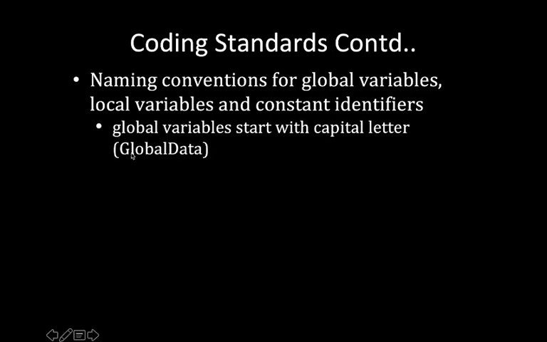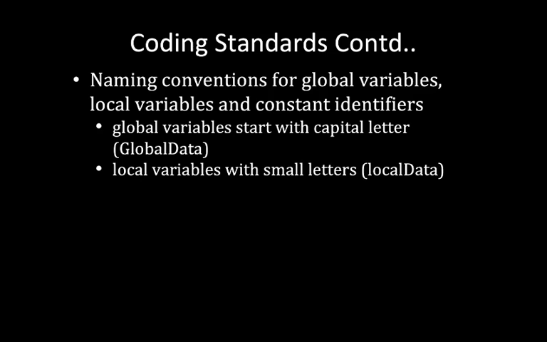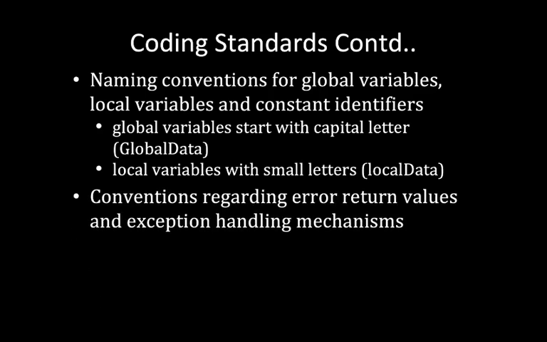If it is a global data variable, then G should be capital. If it is a local variable, it should start with small letters, and similarly for function names. And constant identifiers should be in all capital letters. Like that, we can mention those naming standards. So that is another coding standard that should be followed by all people.